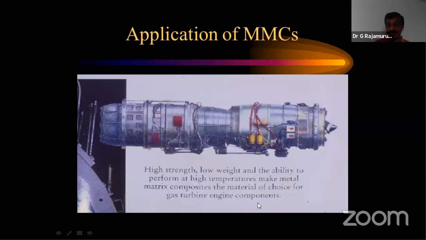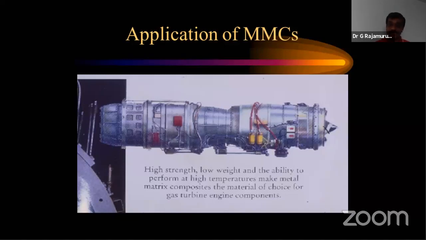Okay, the turbine engines. So you can imagine they are manufacturing this turbine engine with the help of metal matrix composite. So then, what properties should it have? For the turbine engine, you can imagine the temperature it has to withstand. So it should have excellent thermal resistance, and not only that, it should have excellent structural stability.